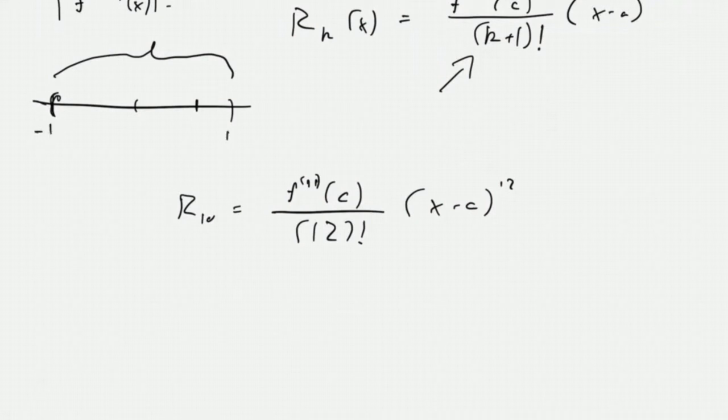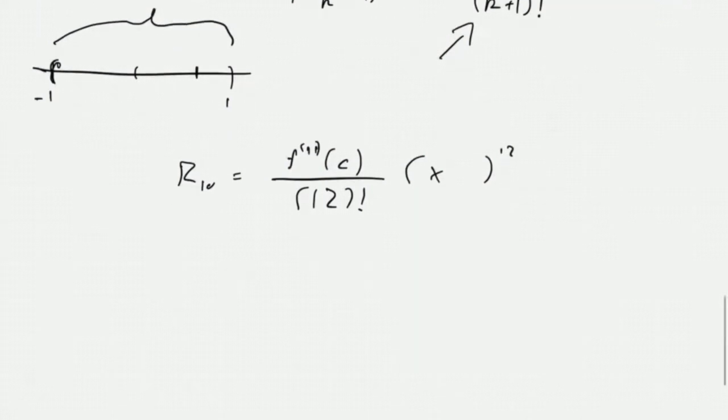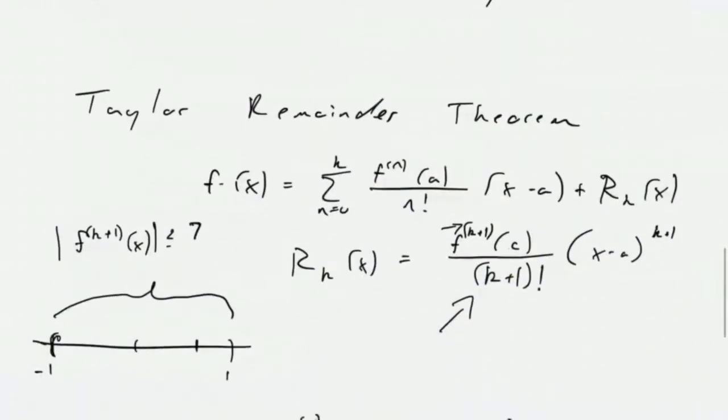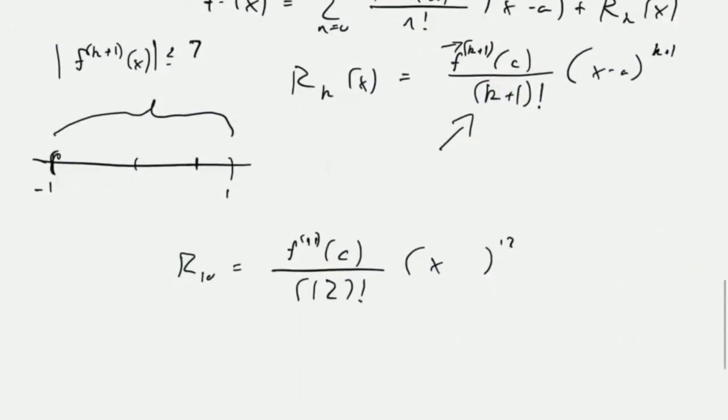So our center would be 0. So our remainder term looks something like this. But from what I said here, our k plus 1th derivative is less than or equal to 7.